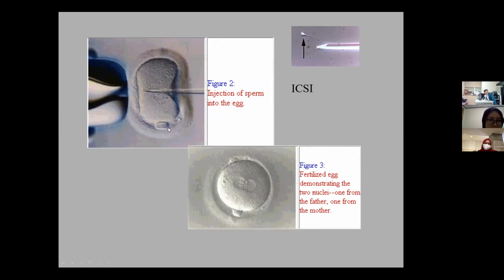This is the mature ova. And this is the needle, the glass needle. They collect one sperm, put it into here, then use this one to inject the sperm into the ova. So you help the sperm penetrate the ova. Then the fertilized egg has two nuclei, one from father, one from mother. This is the fertilized egg.